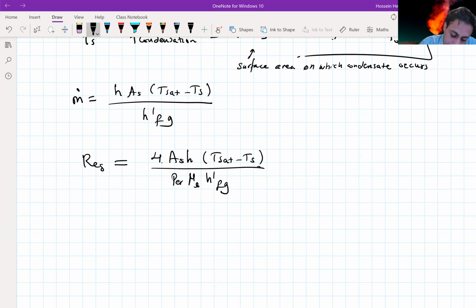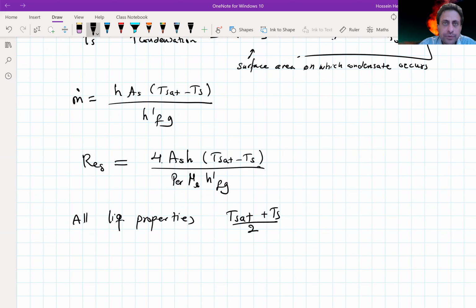And we evaluate all liquid properties at the film temperature, which is Tsat plus Ts divided by 2. And we evaluate HFG at the saturation temperature.